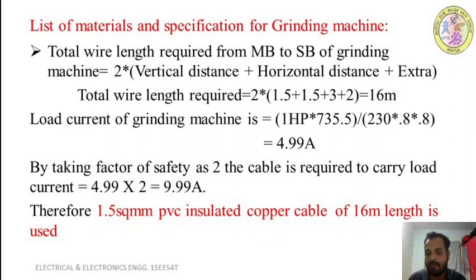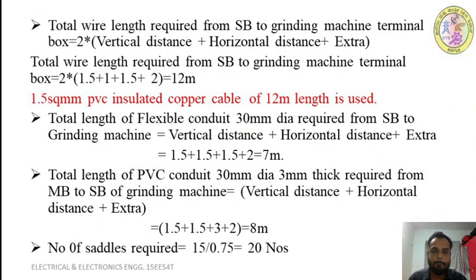Next we have to calculate from the grinding machine switchboard to the grinding machine terminal. Next, the total wire length required from your switchboard of grinding machine to grinding machine terminal box. We know that the grinding machine is placed 1.5 meter from the grinding machine switchboard, or grinding machine starter board you can call.